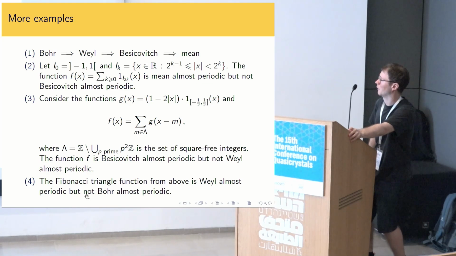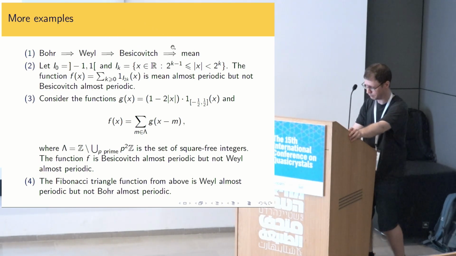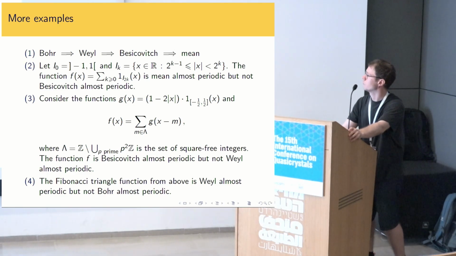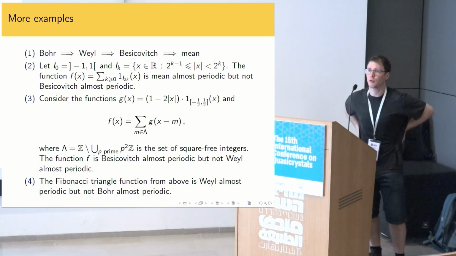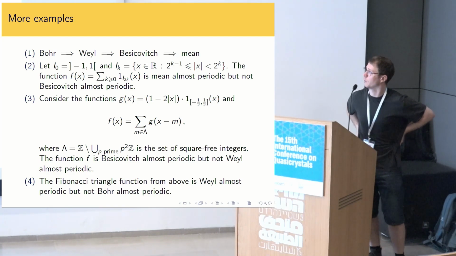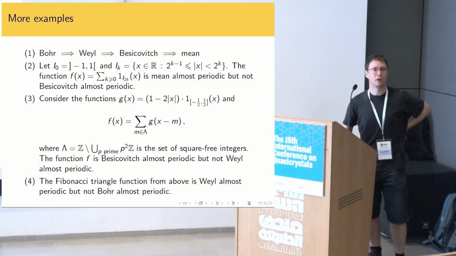I hope those helped you again to visualize a bit the differences between those. Those are the kinds of almost periodicity I wanted to show you, and which will be useful for the talk on Wednesday. And with those examples, I would like to stop here.